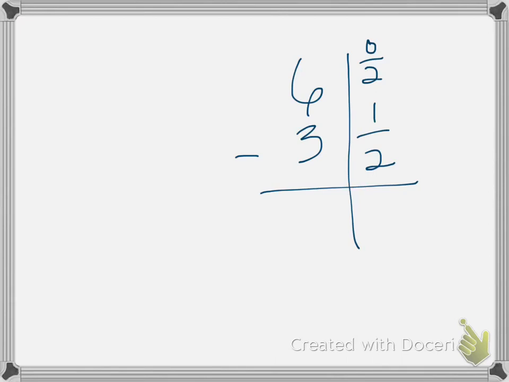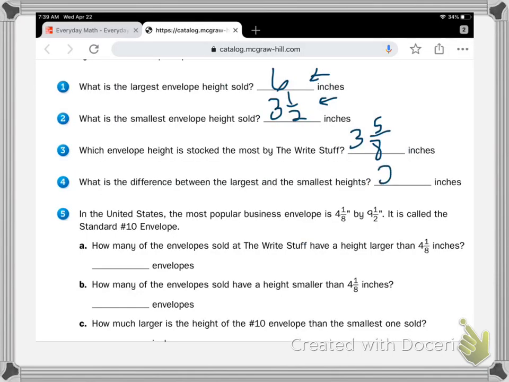We need to regroup. Hopefully you saw that. That becomes 5. This becomes 2. 2 halves minus 1 half is 1 half. And 5 minus 3 is 2. So we get 2.5. Perfect. All right, let's move on to the next ones.